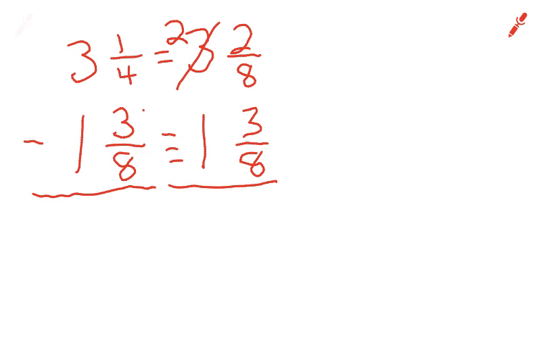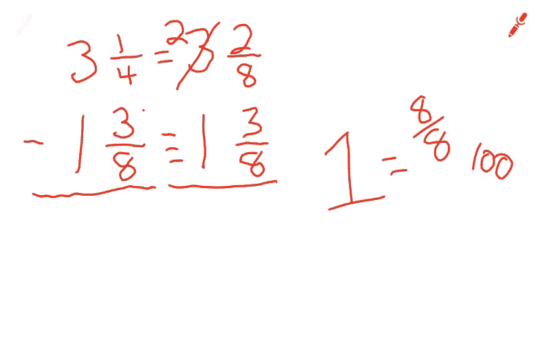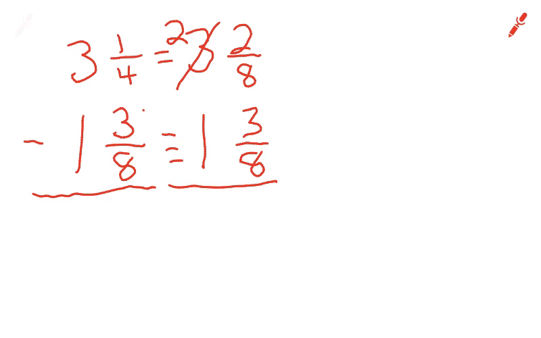We've learned that any number over itself equals 1, whether it's 8 over 8, 100 over 100, or 1 over 1. With that in mind, we're borrowing 1 and the 3 becomes a 2.